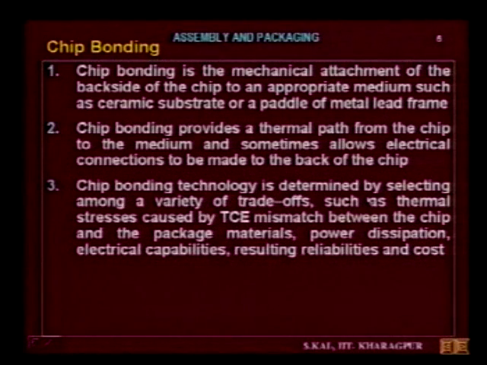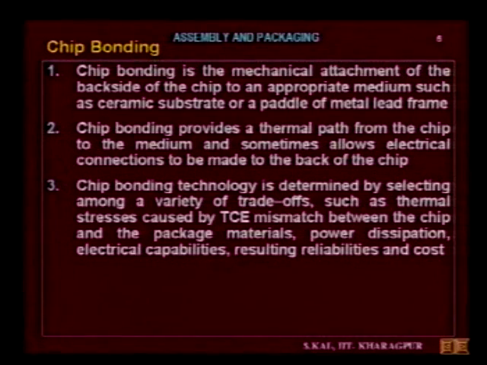Chip bonding technology is determined by selecting among a variety of trade-offs. What are those trade-offs? They are thermal stresses caused by TC mismatch, the temperature coefficient of expansion (TCE) mismatch between the chip and the package materials, which is very important, and power dissipation.